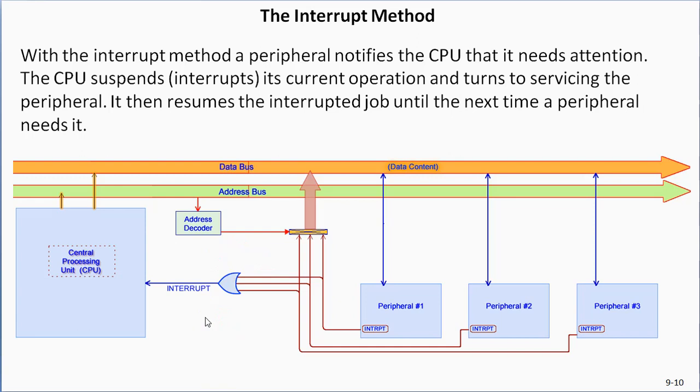In response, the CPU accesses a port, which is shown over here as a simple tri-state to read the requests and determine which peripheral needs servicing, and then it proceeds to service it.